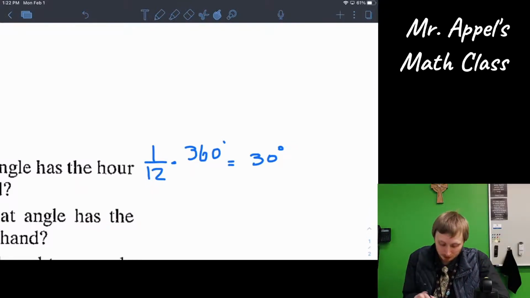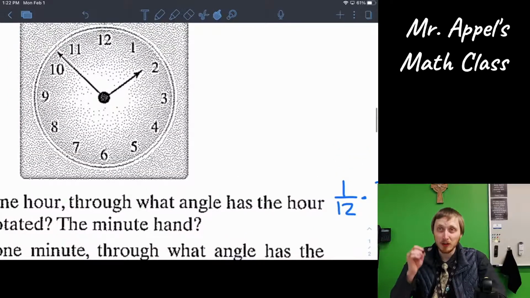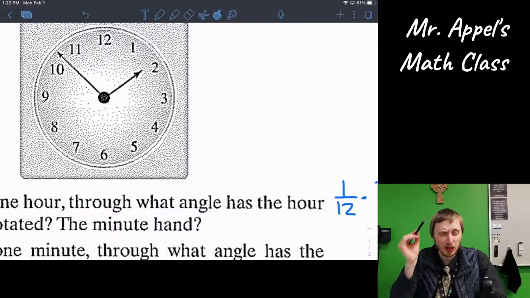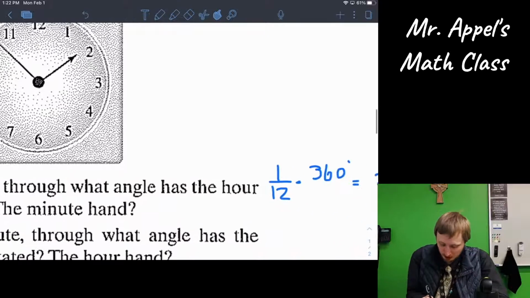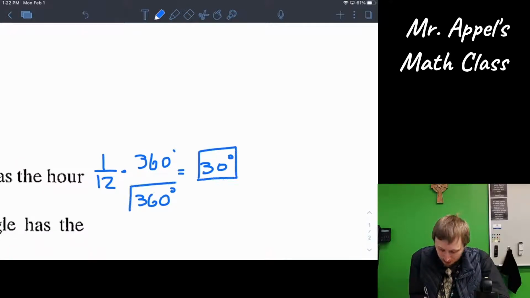Okay. What about the minute hand? A full hour has the minute hand going all the way around the clock, right? Okay, all the way around the clock is 360. So there's not even much thought or computation required for that. The minute hand is 360 degrees around.